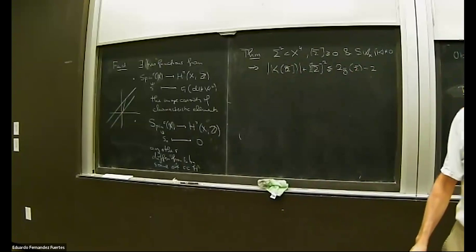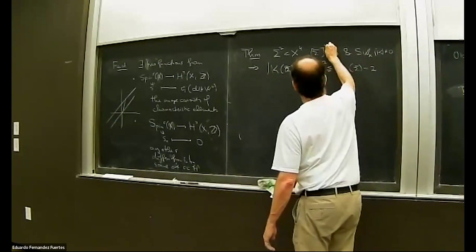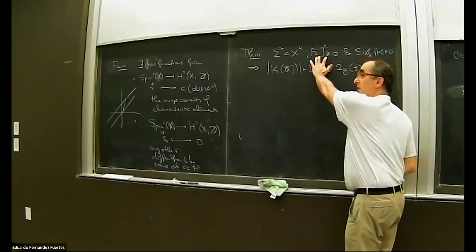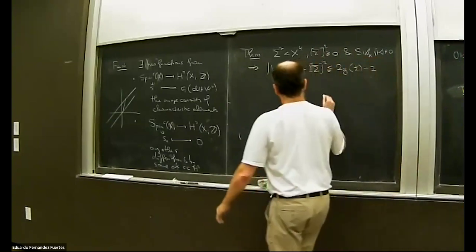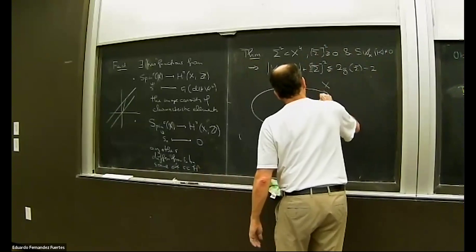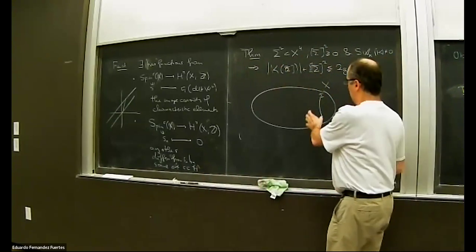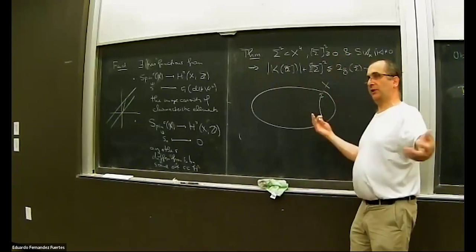And I will just, in one sentence, tell you how the proof would work. First of all, we reduce to the case where the self-intersection is 0. So we have our manifold X, there is this sigma, and now I assume that the self-intersection is 0, and I will take a sequence of metrics.